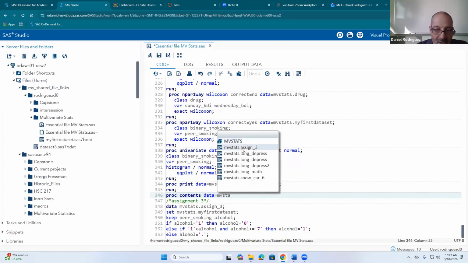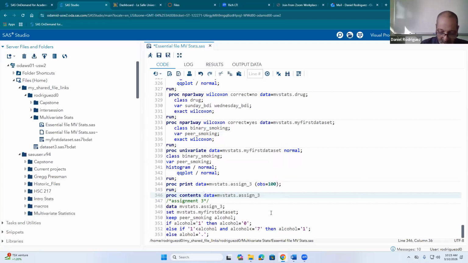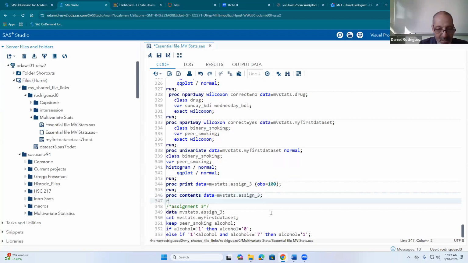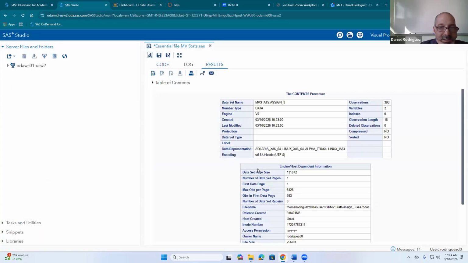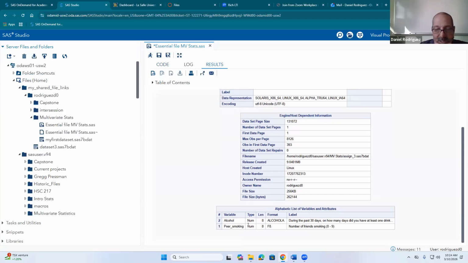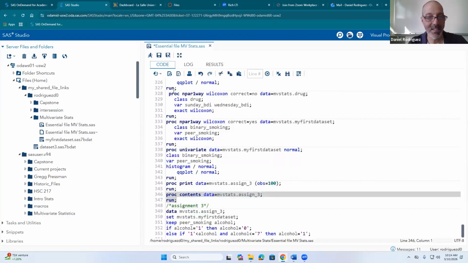Now, an alternative would have been to create a new variable called binary alcohol, but I didn't feel like doing that. Sometimes you can just recode it, right? So now we have just the two variables here, right? All right, so this is 0 and 1. Perfect. So now you can go ahead and run it the way we decided to run it, what I showed you earlier in this lecture.